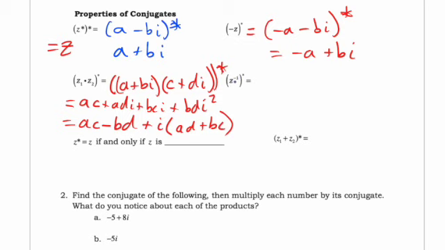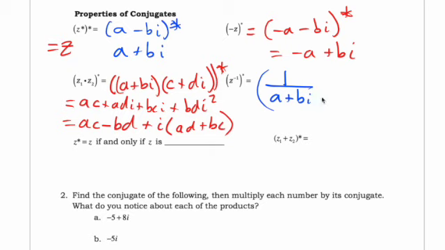Okay, next reciprocal conjugate. Let's take a look at that. The reciprocal conjugate of a complex number is this. If I want to do this, you cannot do the conjugate right now because it's not in the form a plus bi, so let me write this out here.